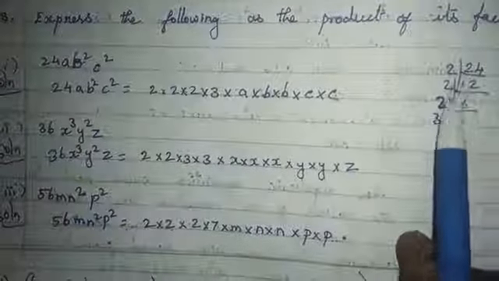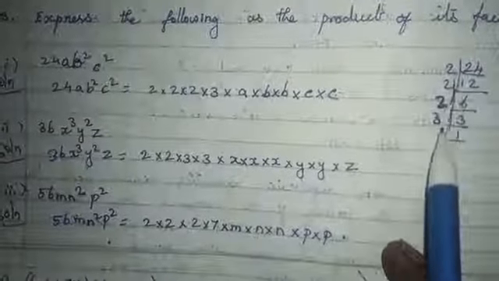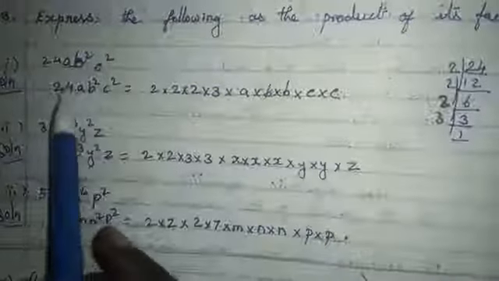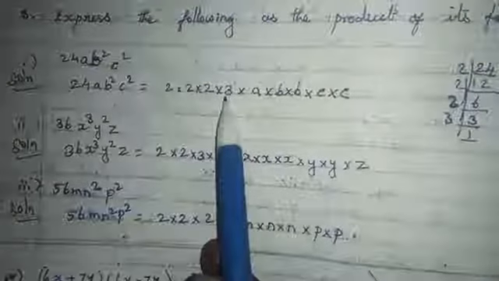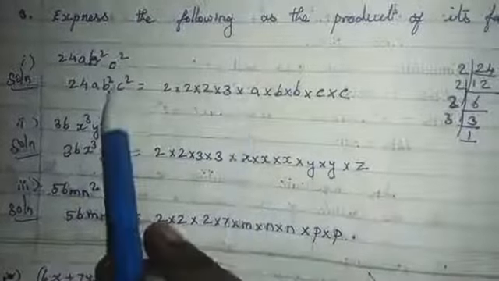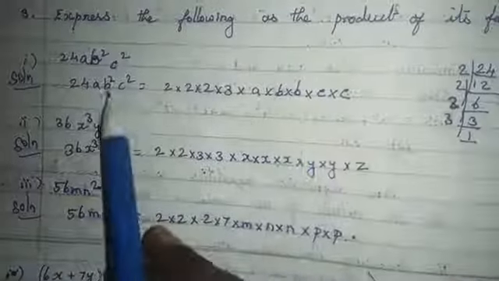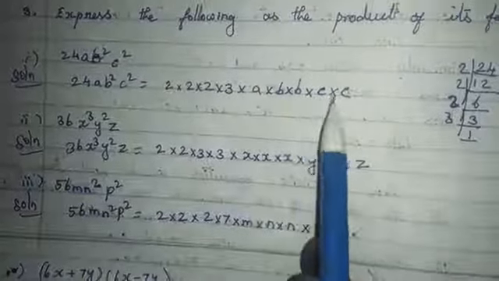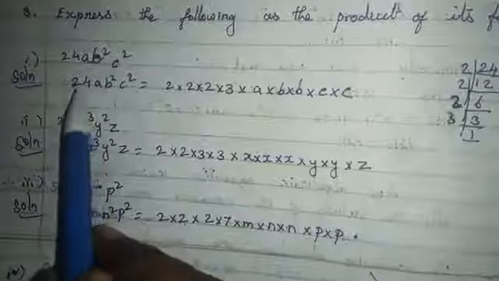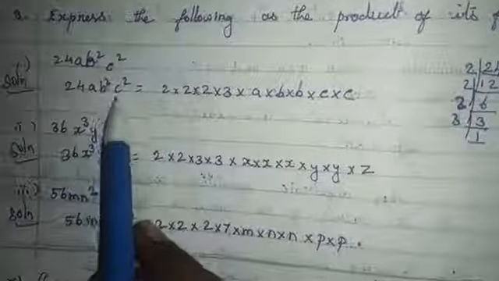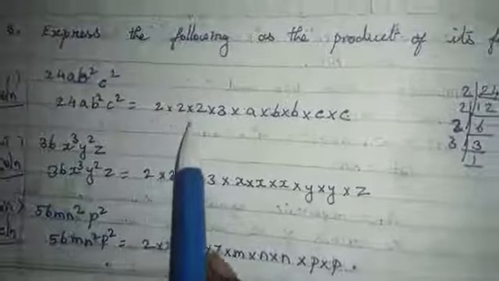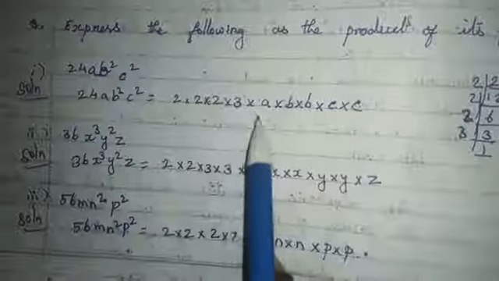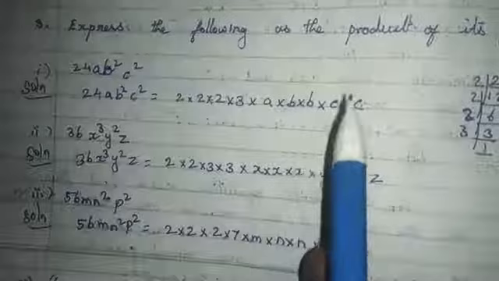For 24, the prime factors are 2 into 2 into 2 into 3, and b square can be written as b into b, and c square can be written as c into c. Therefore, the product of factors for 24ab square c square is equal to 2 into 2 into 2 into 3 into a into b into b into c into c.